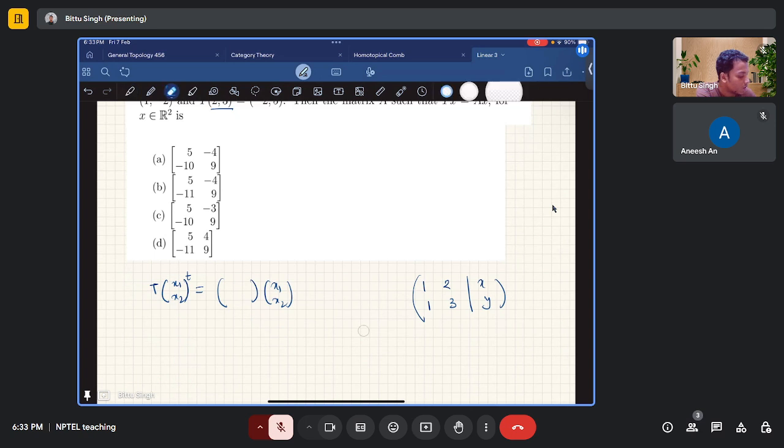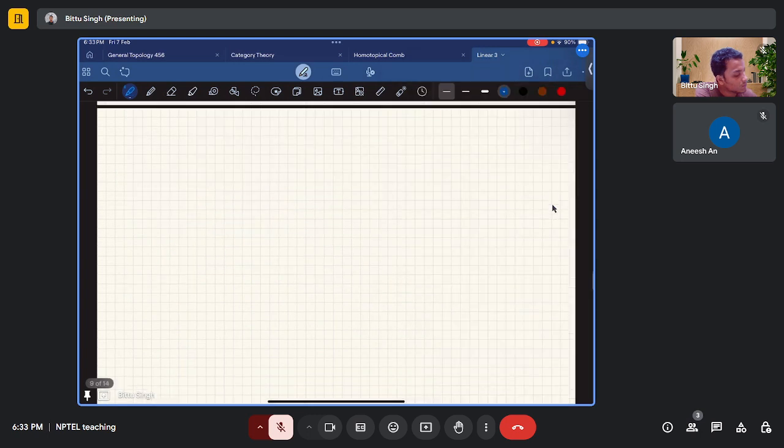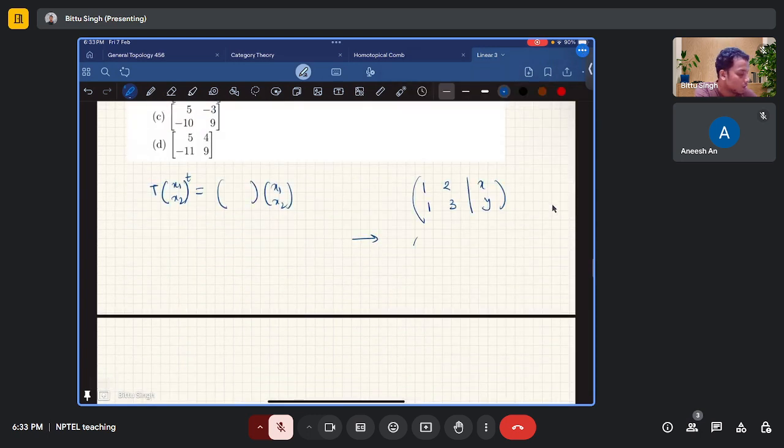So this is equivalent to applying row reduction. This gives R2 minus R1: 1 2 x, 0 1 y minus x.